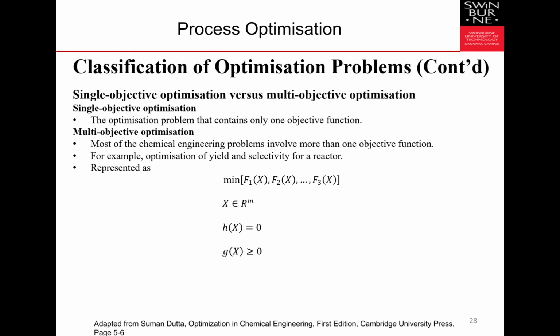We also have another one, which is single objective versus multi-objective optimization. In single objective optimization, we only have one objective function. In multi-objective optimization, we have more than one objective function. For example, here is the optimization of yield and selectivity for a reactor.